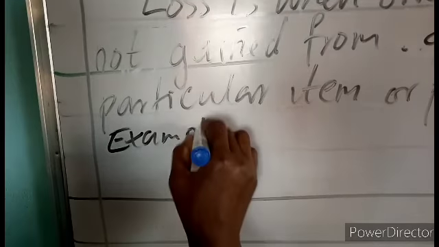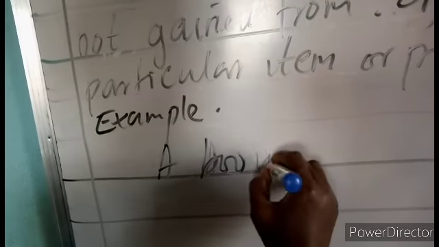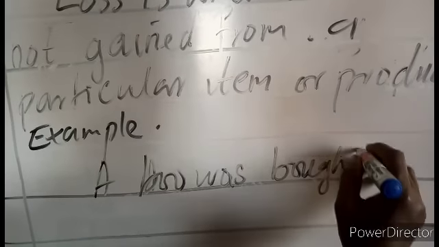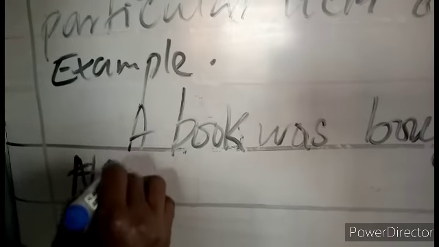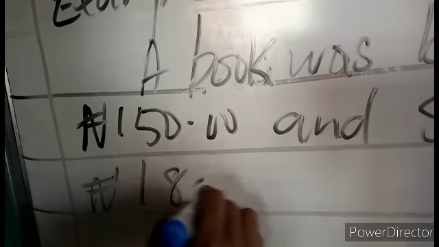Now, let's go. We have example one. Let's say a book was bought for 150 naira and sold for 180 naira.